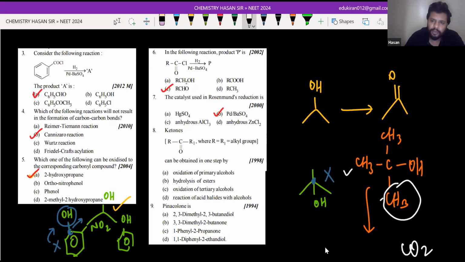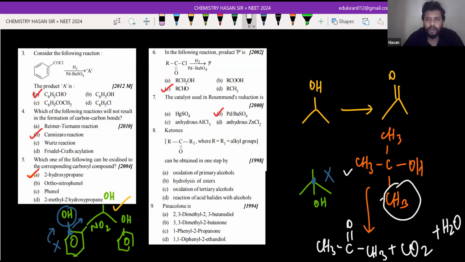This quantity is oxidized into CH3COOH, and H2O will also be eliminated. Generally, tertiary alcohol cannot be oxidized, but when you give a very strong oxidizing agent along with elevated temperature, it can be oxidized into ketone. So the answer will be C.